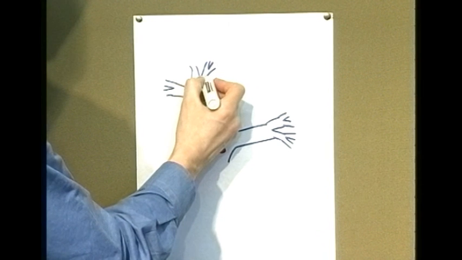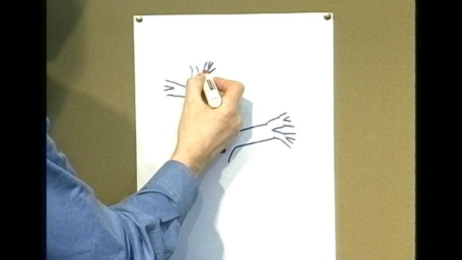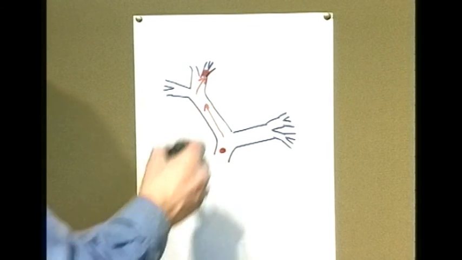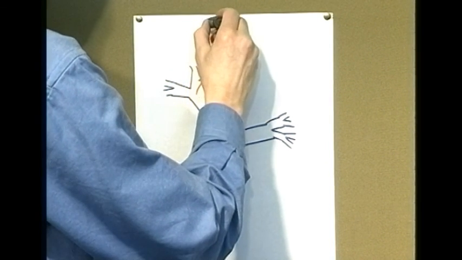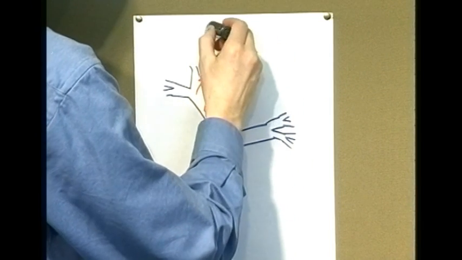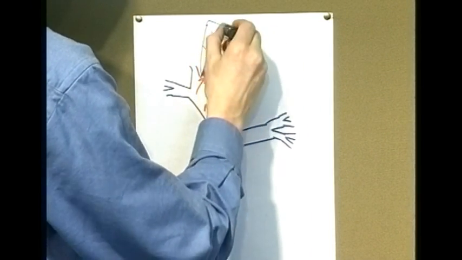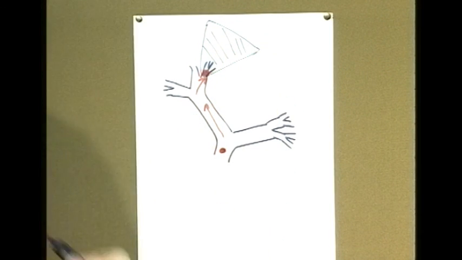But then when it gets to this smaller vessel, it's going to get stuck, it's going to occlude it. And that, of course, means that the part of the lung tissue normally supplied by this arterial vessel will be deprived of its blood supply. And that blood will not be able to become oxygenated, and that will become blocked off.